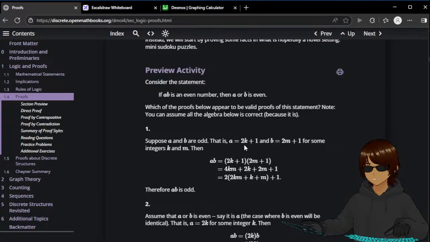That is, A is 2k plus 1, B is 2m plus 1, for some integers k and m. Then we can use the contrapositive here. And if A is odd and B is odd, then AB is odd.